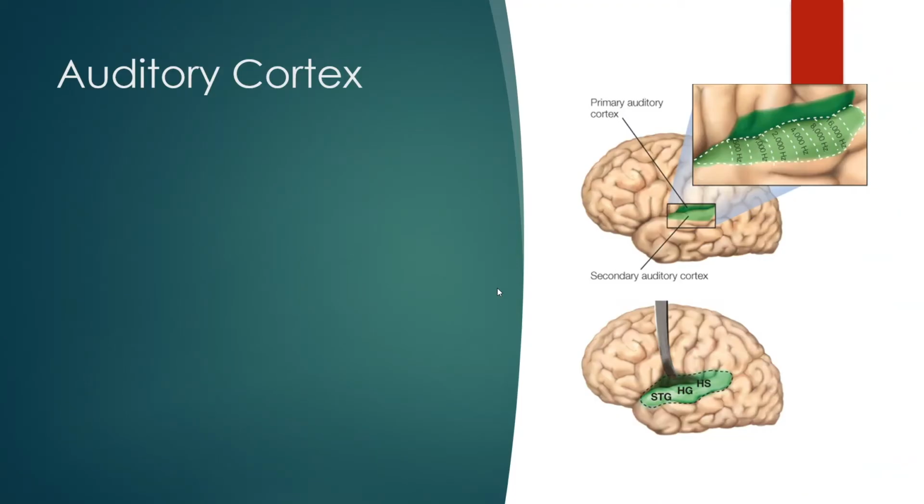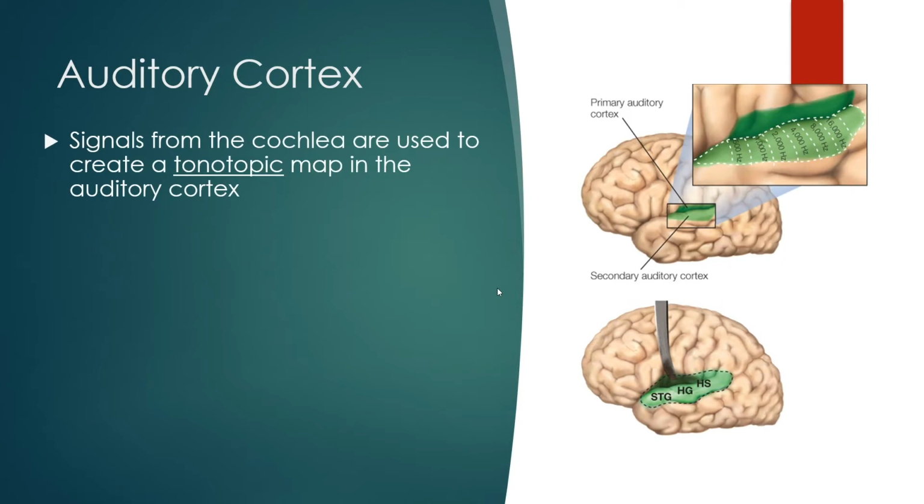So the auditory cortex itself, primary auditory cortex, is where the information gets to first when it gets to the cortex, and it contains a tonotopic map. I've hinted at this, that the brain really likes to create maps of the environment, maps of the body. We'll see that in vision as well.